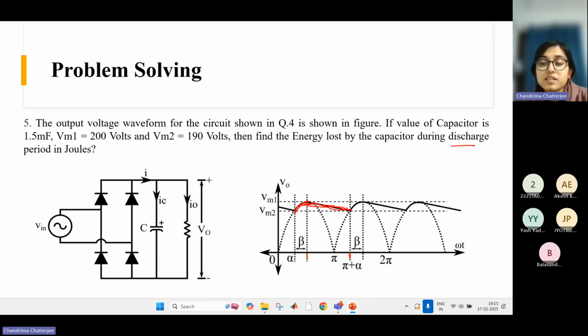So can anybody tell what will be the process to find out the energy loss?